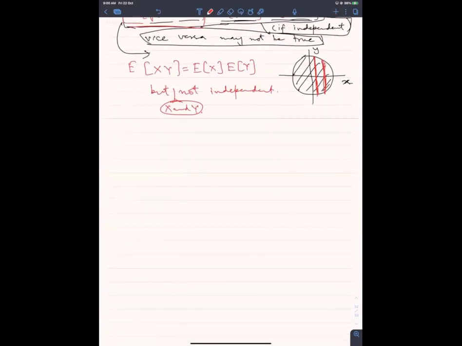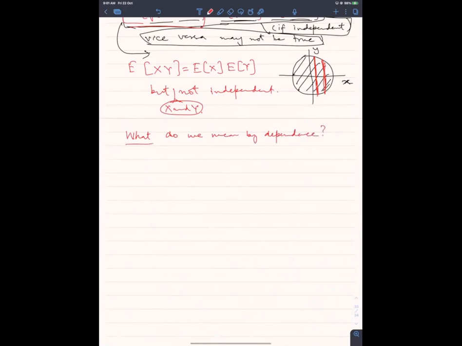Okay. Now, how do I quantify this dependence and independence between the random variables? First of all, think about what do we mean by dependence or independence?